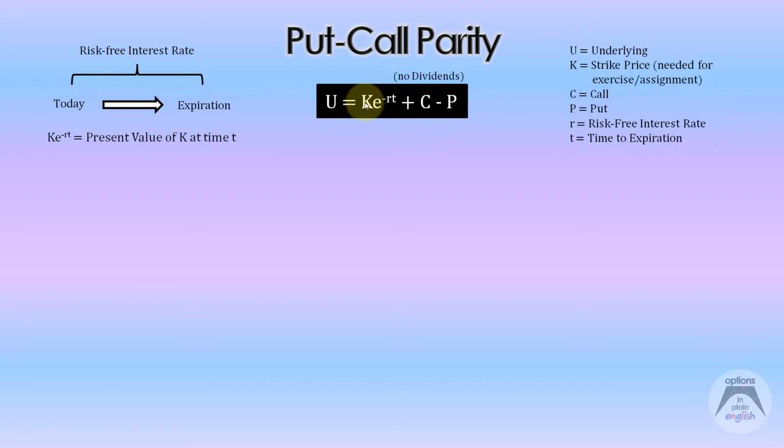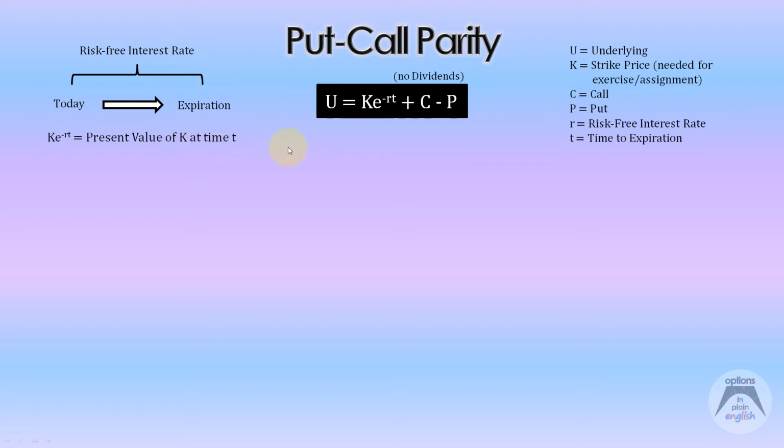At any time prior to expiration, the theoretical value of that strike price is going to be the present value of K at the time T, which is going to be the value at expiration discounted by the time where you are evaluating this, using the risk-free interest rate, because this is the money that you can invest and earn a certain risk-free interest on.